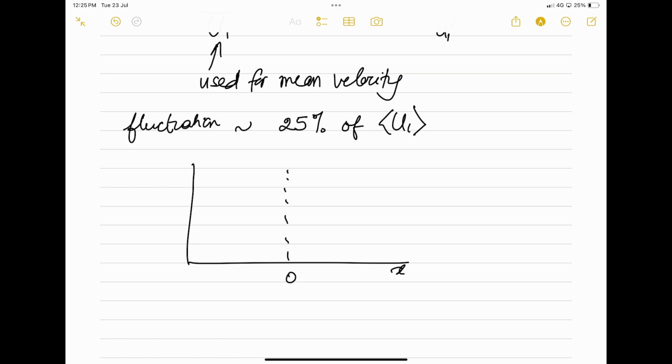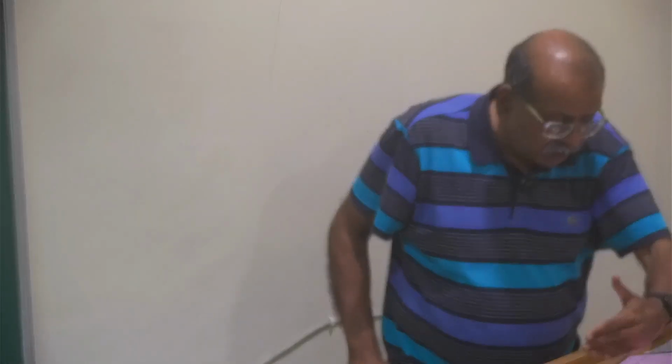now I do a non-dimensionalization x2 upon x1, and if I plot mean velocity divided by the mean velocity at the location. Now this mean velocity, as he rightly pointed out, is at a particular point. So for different values of x2, the mean velocity will be different. Where do you expect the mean velocity to be maximum for a given x1?